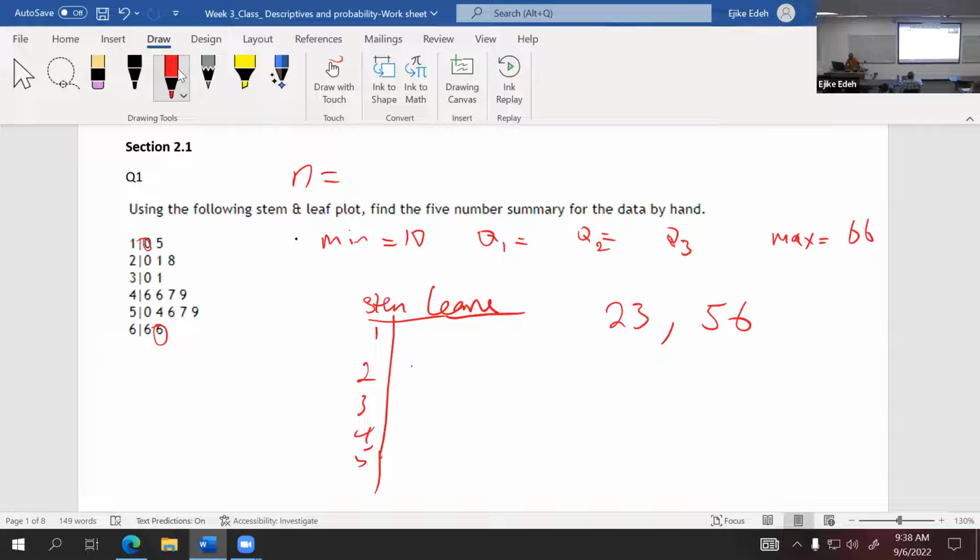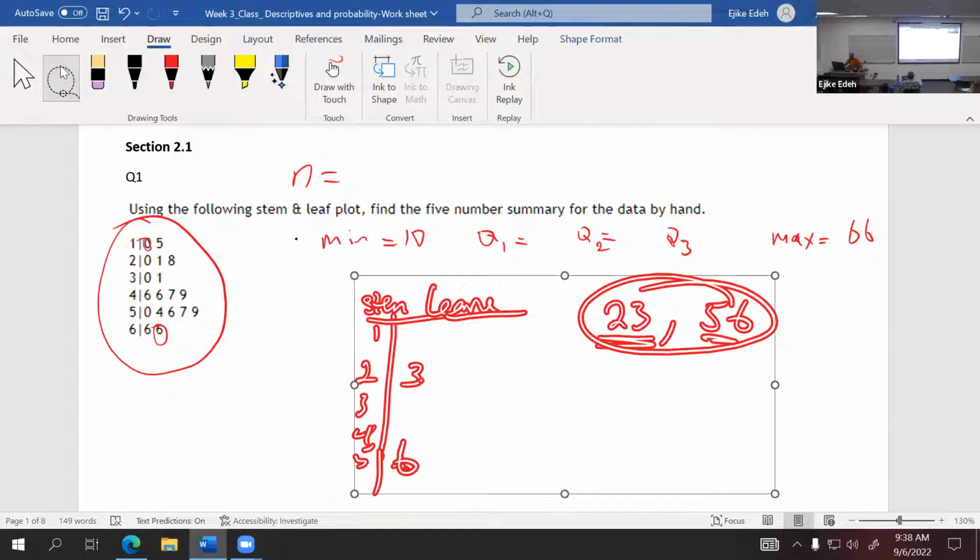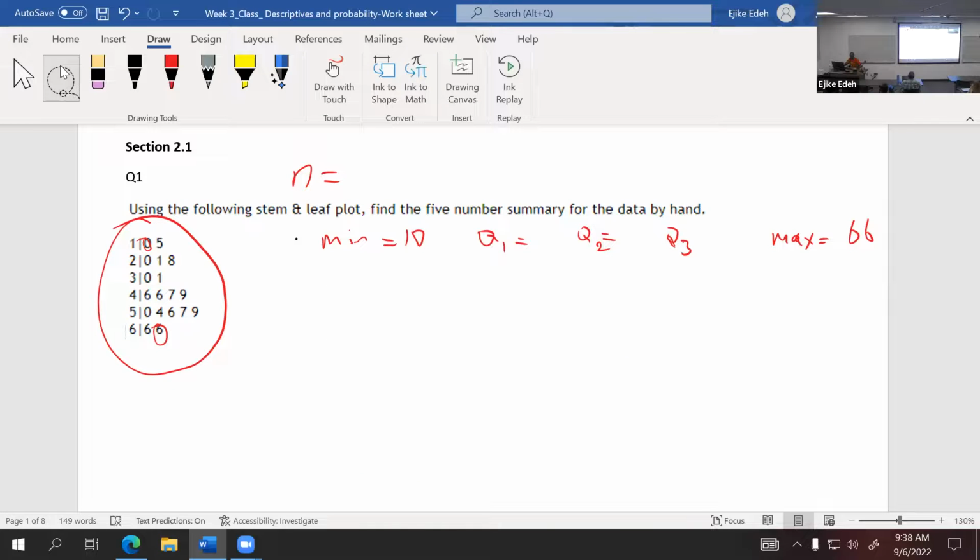Then for 23, I'll just write 3 here as the leaf, right? And then write 6 here as the leaf for 56. So if I have only 2 numbers, then if I count the leaves, I will just get how many I have. So by counting the leaves, you can know the number of data points you have. So if you count the leaves over here, what would that be now? 18. 18 would be the correct answer.